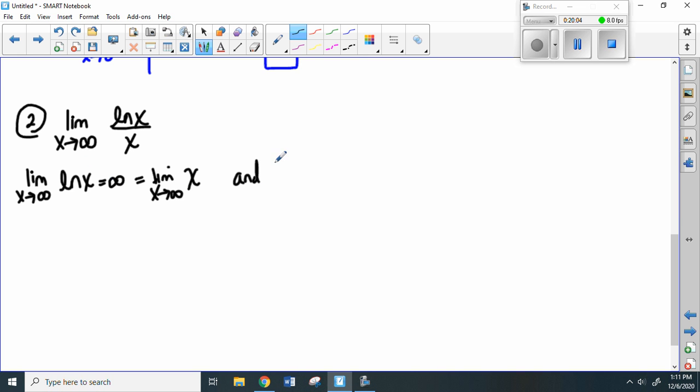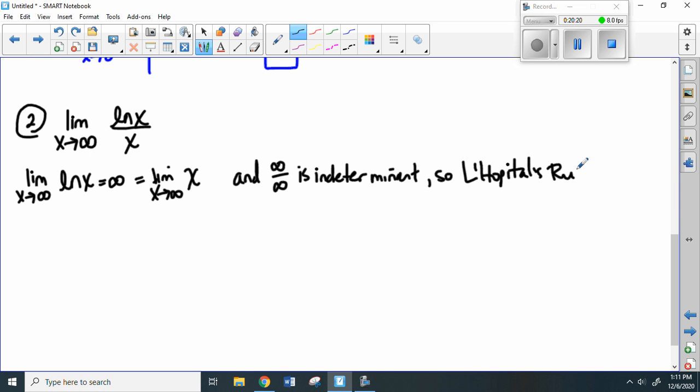And then we would say something like, infinity over infinity is indeterminate, so L'Hopital's rule applies. And then I can apply it, which means I'm going to take the limit, but now I need to take the derivative of the top function and the derivative of the bottom function.